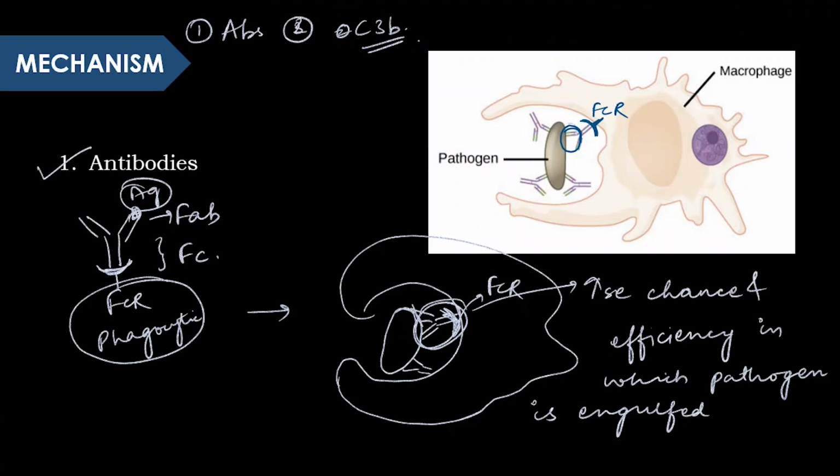After the interaction of the Fc with the Fc receptor, there is further signaling into the phagocytic cell so that it can stimulate the phagocytosis process, and here we can see the phagocytosis occurring. So in this way the antibody is increasing the efficiency of phagocytosis.